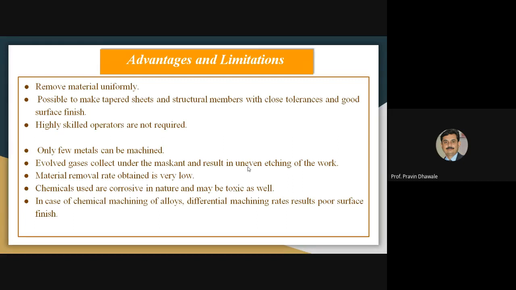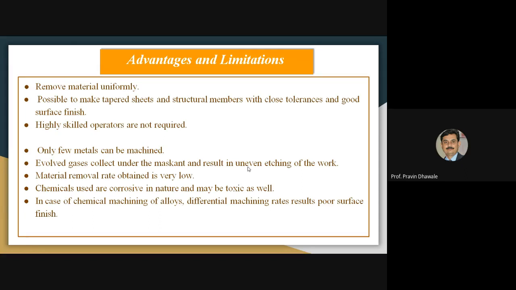Whatever chemicals are used during chemical machining, they may be corrosive in nature. Also, certain chemicals have the property of toxicity, so it will be harmful for the human being handling the machining process.